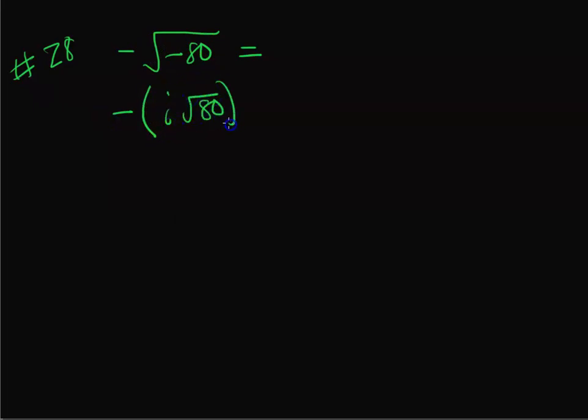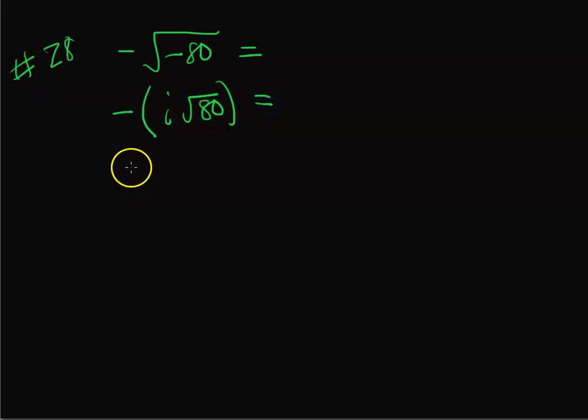So what about, let's see. Let's rewrite this number 28 without all these negatives. The square root of a negative 80. Well, let's see. That negative's outside here. The square root of a negative 80 is i square root of 80.